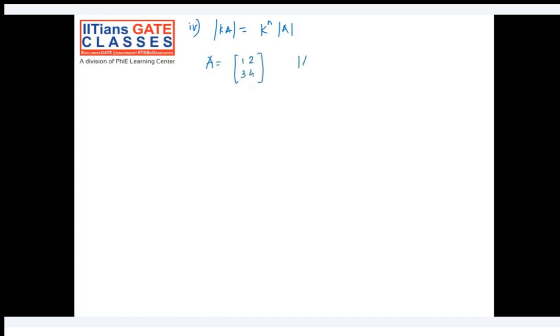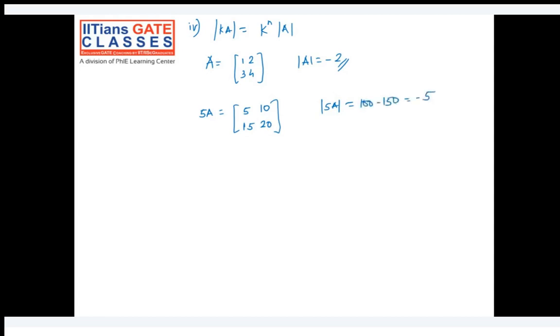Now if I write 5A, it will look like 5, 10, 15, 20. Taking the determinant of 5A: 5 into 20 minus 10 into 15, which is 100 minus 150, so it is -50.